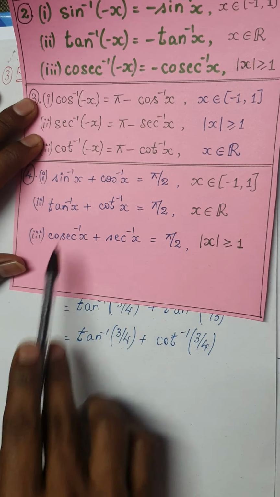You can give the reason because it's a 2-marker question: tan inverse of x plus cot inverse of x is equal to pi by 2 for x belonging to real numbers. You need not always write the condition here. So I got the LHS and proved it to be pi by 2, which is what I wanted to get. This is nothing but my RHS, and I can just say hence proved.